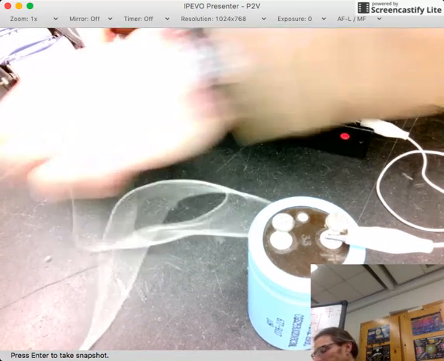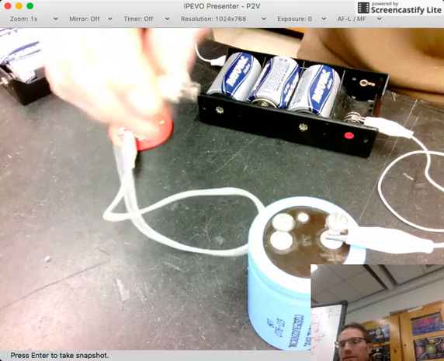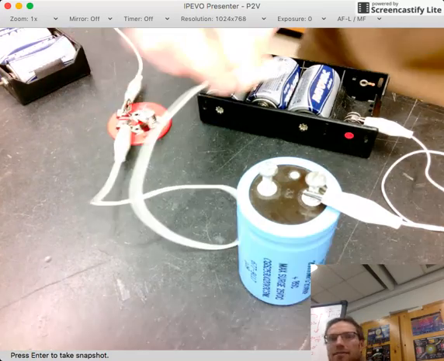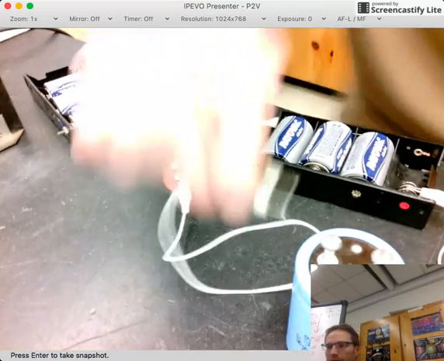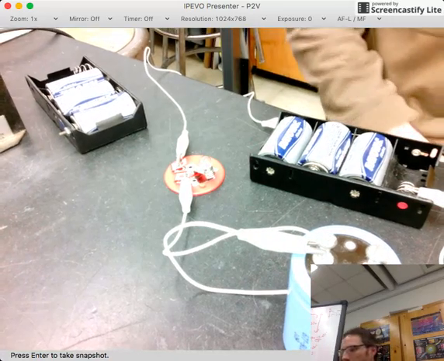I guess this is not really static charge buildup, which I would love to get at. But what you can show is that the bulb briefly lights, which I had my hand in the way.